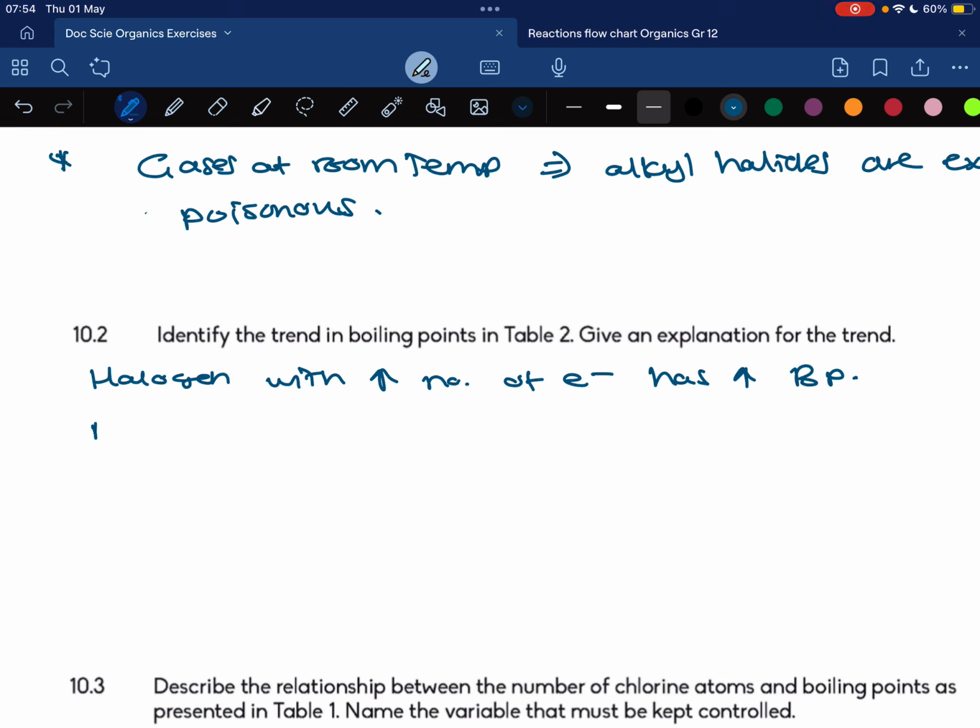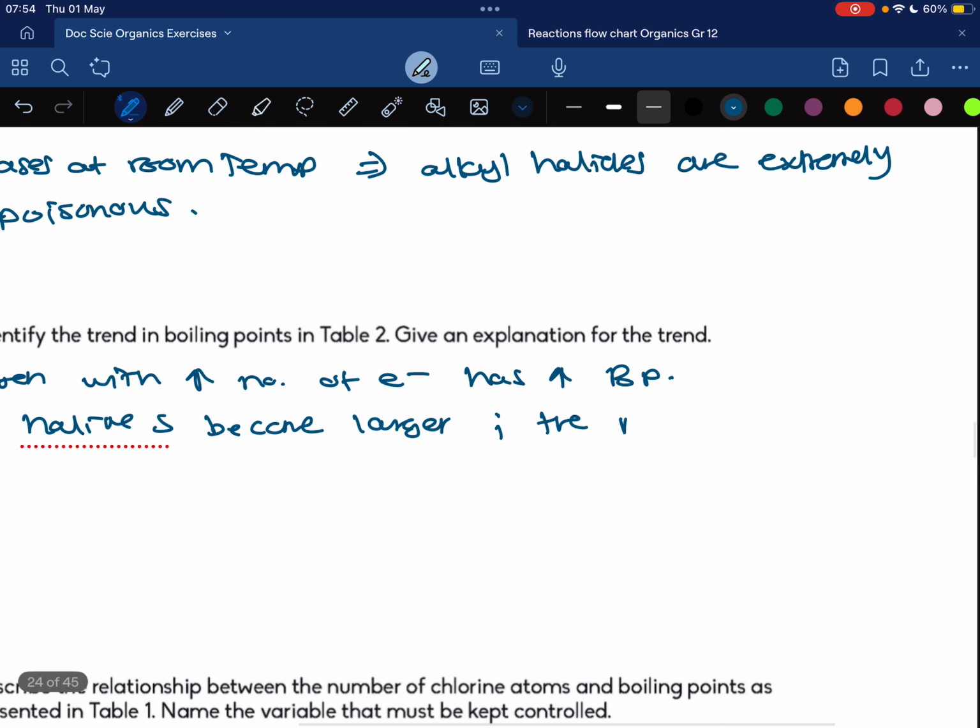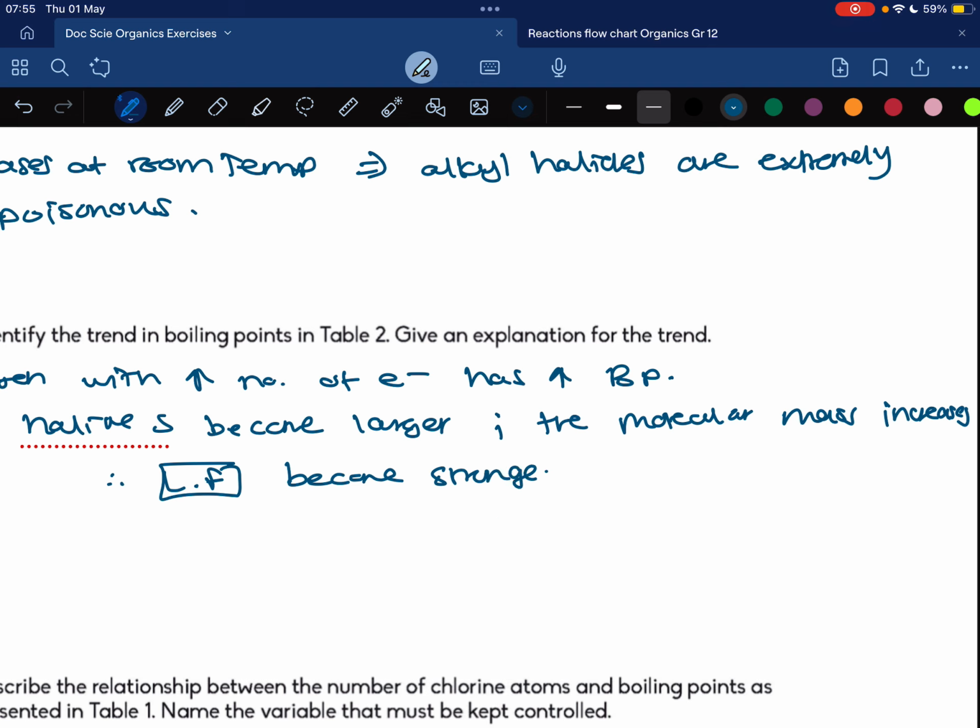So as alkyl halides become larger, the molecular mass increases, so therefore the London forces become stronger, and therefore more energy is needed to overcome these London forces.